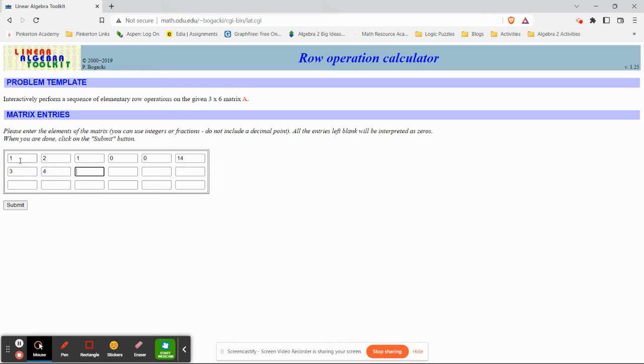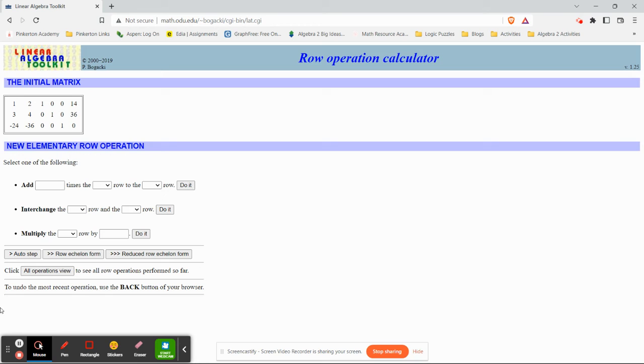And then 3, 4, 0, 1, 0, 36. And then the bottom one is 3, 4. Oops, no, it's not. That's the one I just did. My goodness. All right, negative 24, negative 36, 0, 0, 1, 0. All right, so I've entered those numbers in, and now I'm going to click submit.